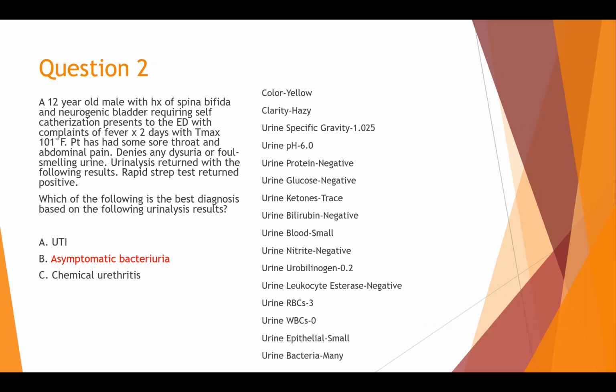This question does remind me that I did want to bring up too: kids with frequent UTIs, especially this type of setup in this question, when they get admitted to the hospital, make sure that you go back and look at all of their old culture results, because a lot of times when they come in, empirically, you're going to start Rocephin.